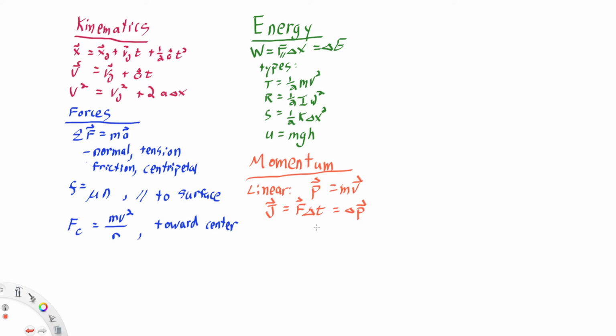We have also, in this last chapter, in chapter 10, learned about angular momentum. Impulse is J, P is momentum. Yep, those are historical letters that we are stuck with.